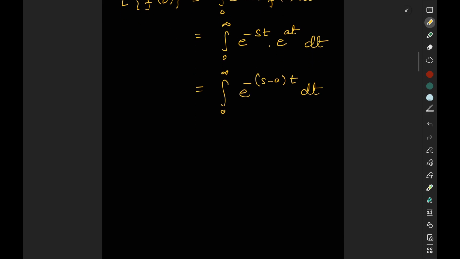and the integral will become minus 1 upon s minus a, e to the power minus (s minus a)t, with limits from 0 to infinity. This becomes minus 1 upon s minus a.